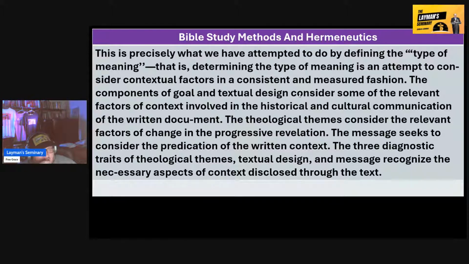The components that go with textual design consider some of the relevant factors of context involved in the historical and cultural communication of the written document. The theological themes consider the relevant factors of change in the progress of revelation. The message seeks to consider the predication of the written context. The three diagnostic traits of theological themes, textual design, and message recognize the necessary aspects of context disclosed through the text.